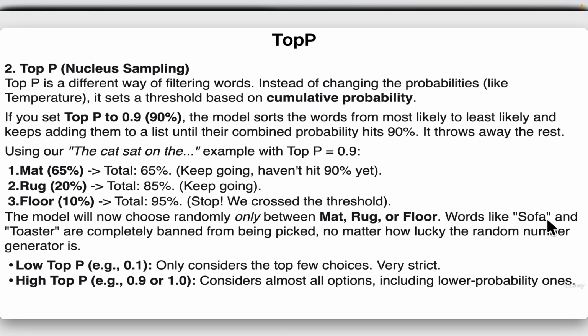Words like sofa and toaster are completely banned from being picked, no matter how lucky the random number generator is. So if you set low top P, let's say 0.1, it only considers the top few choices and this makes it very strict. And if you set high top P, let's say 0.9 to 1, which is the maximum, it considers almost all options, including the low probability ones.